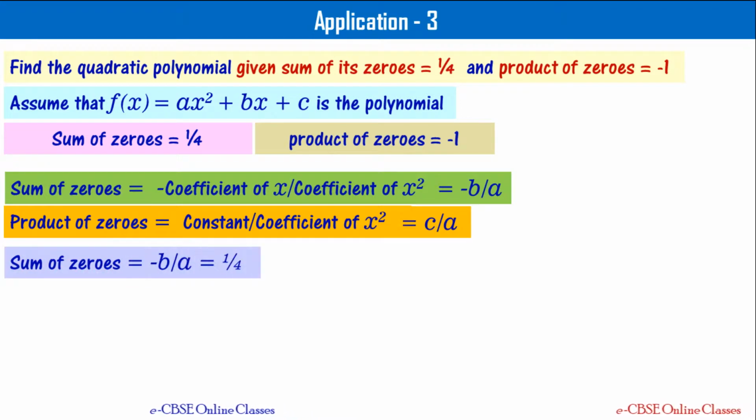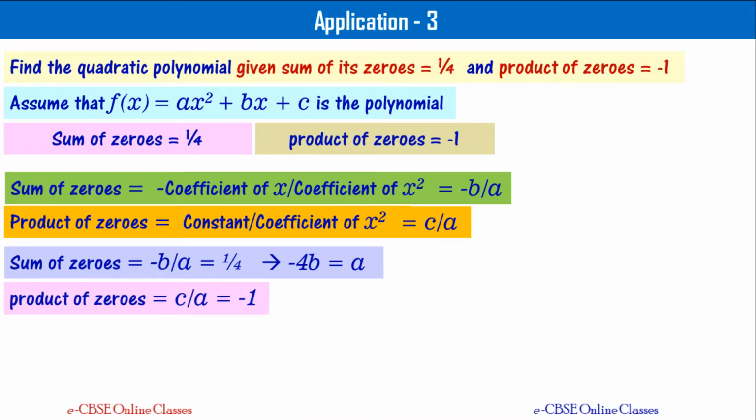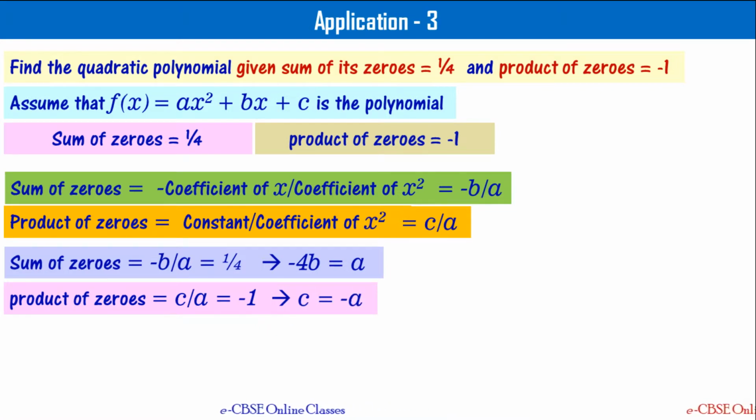Since the sum of zeros is equal to 1/4, we say that -b/a is equal to 1/4. It means that -4b = a. The product of zeros is equal to c/a, that is equal to -1. So this equation can be rewritten as c = -a.